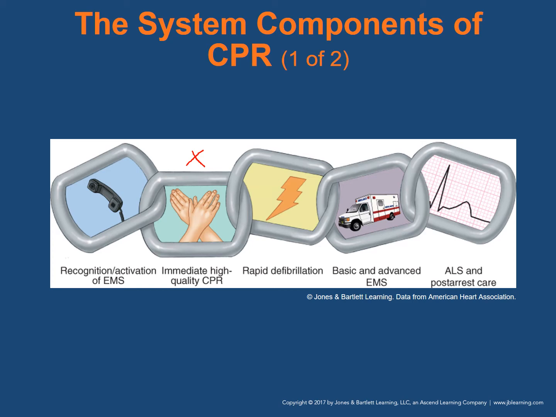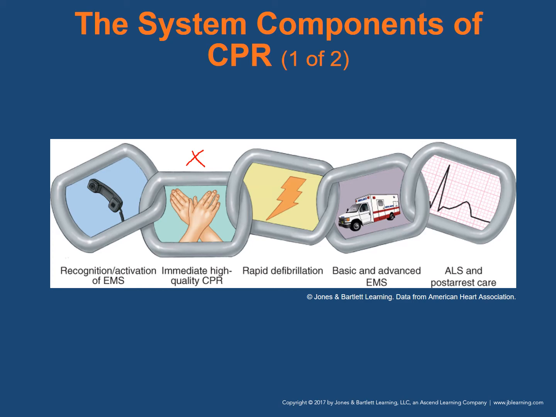Also, it's important to remember that theoretically, if a person goes down, if they go into cardiac arrest, the moment that they go down and they stop breathing and their heart stops beating, they have anywhere from 2 to 3 minutes of usable oxygen that's already been saturated on their hemoglobin.